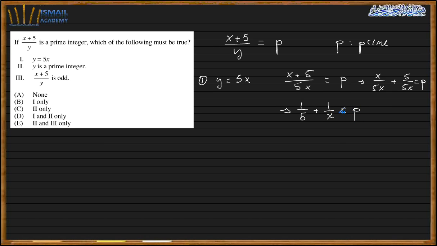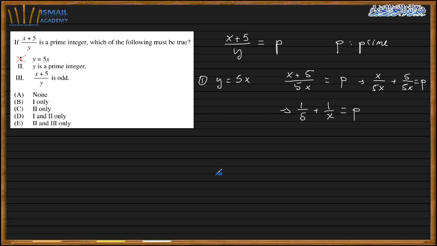And like we said at the beginning, here we're dealing with integers, so x and y are integers. Substitute x by 2, 3, 4, 5, any number. We cannot have a prime number. That means the first choice is not true.